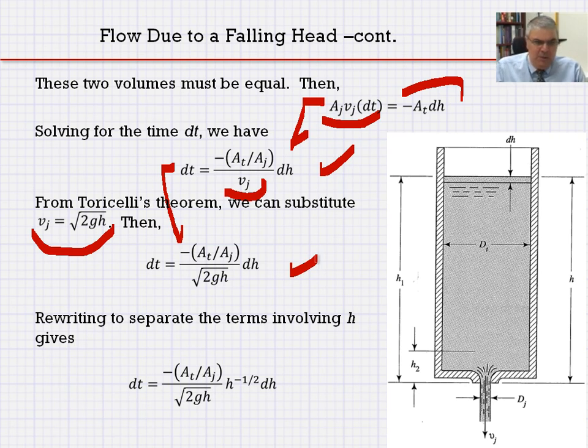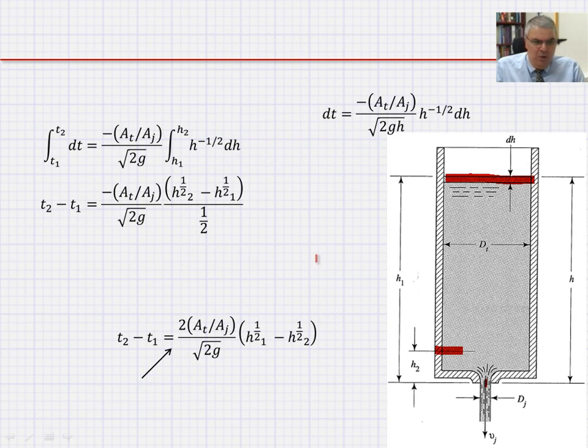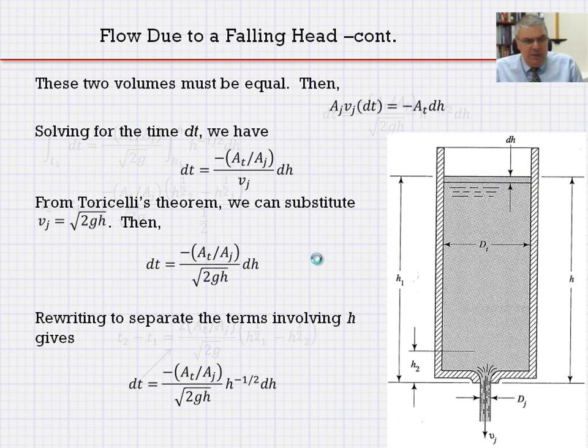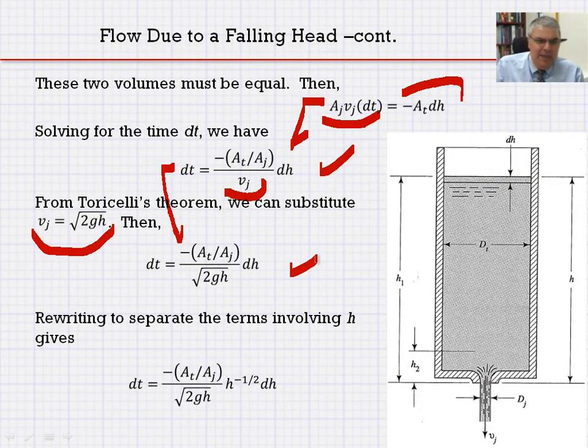And then in order to do more manipulation, we would write dh out in terms of h. Again, we are rearranging the equation in this case, okay? There would be no h here, actually.